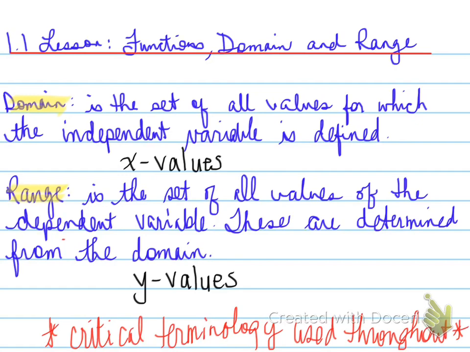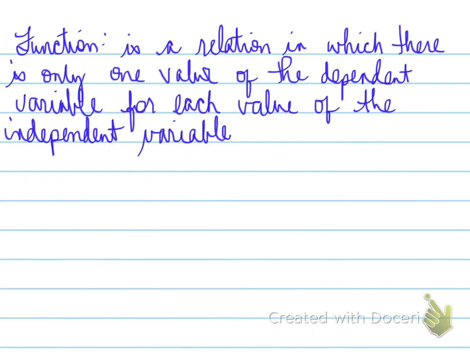Next, a function is a relation in which there is only one value of the dependent variable for each value of the independent variable. What that means here, folks, is that we need to understand the definition. A relation is anything that can be graphed.